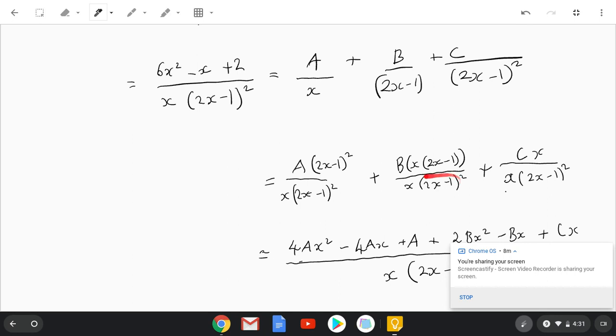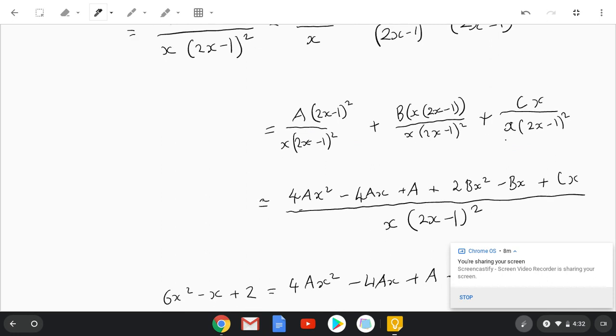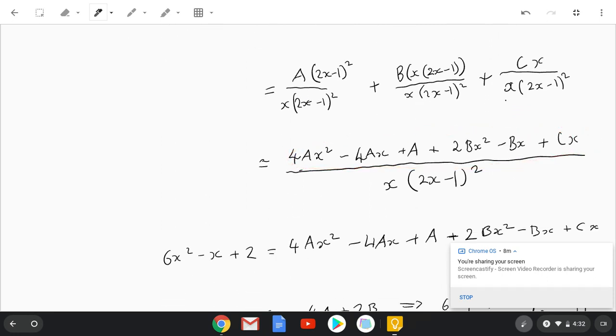So we've got the same denominator now for the second fraction, and for the third fraction, all we need to do is multiply by x to get this denominator here. And we do the same thing at the top, multiplied by x. Now, if we expand all of this out, because the denominators are the same, we can just add all the numerators up into one. And this is where we have to be careful with the negative signs.